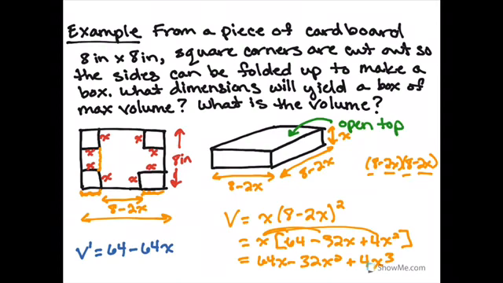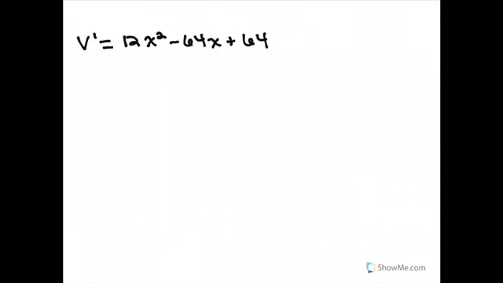And derivative of 4x cubed, the 3 comes out front. I'm going to get 12x squared. Okay, so I rewrote the derivative there so that I can see it's a quadratic.